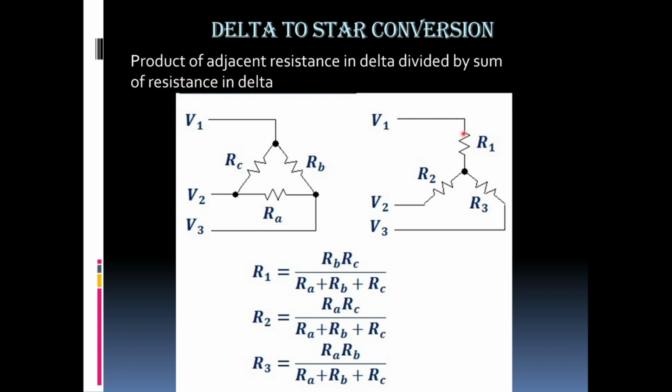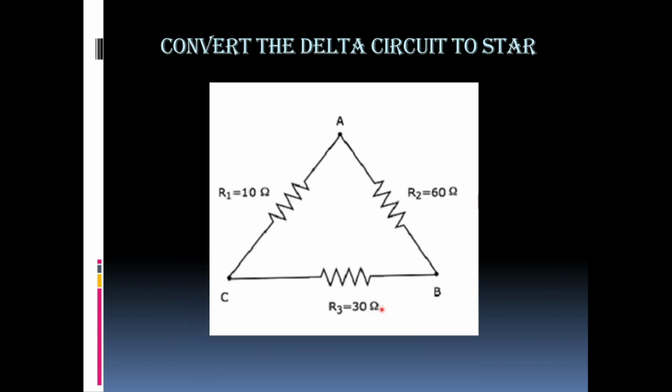For example, to find the resistance of the resistor R1, you take the product of adjacent resistances, RB into RC, divided by the sum of resistance, that is RA plus RB plus RC. That's exactly what is written here. This is the formula. Similarly, you can find the resistance for R2 and R3. You'll understand it better while we do the problems.